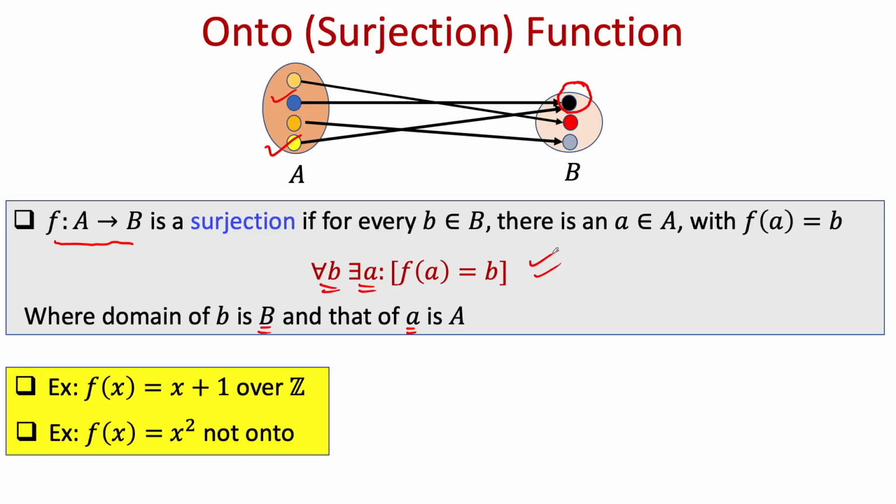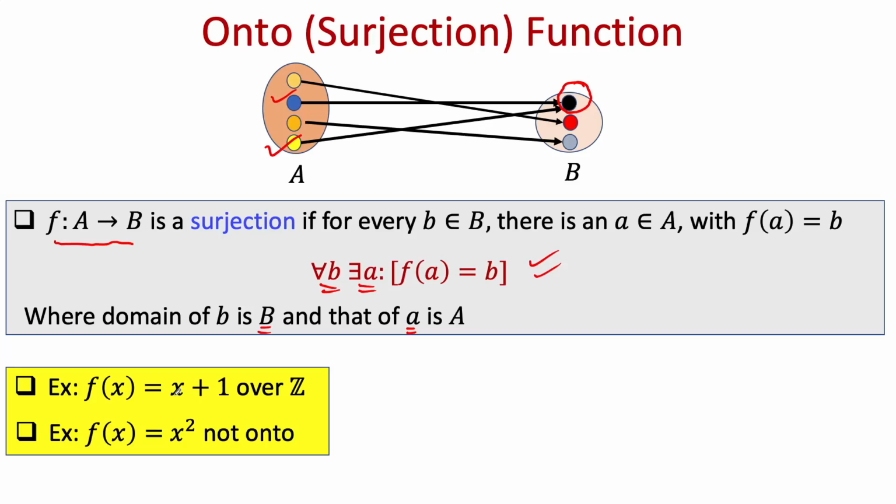So here are two functions. The first function is over the set of integers defined as f of x equal to x plus 1. Now what can you say, is it a surjective function or not? Well, it's a surjective function.